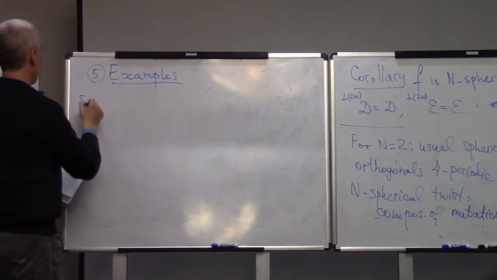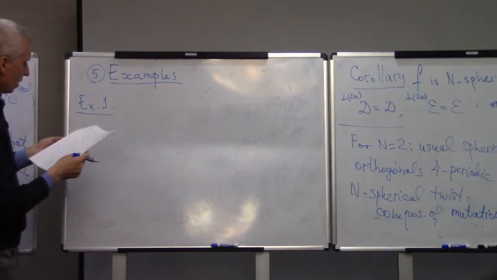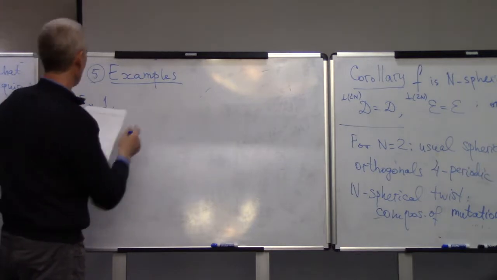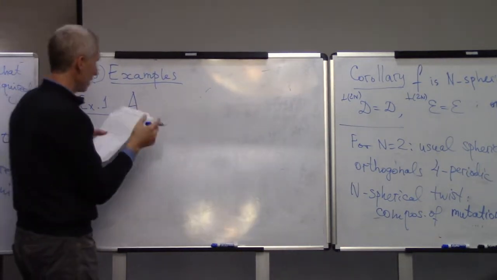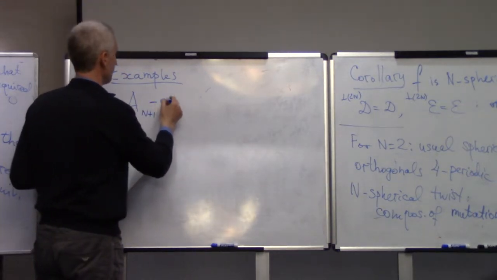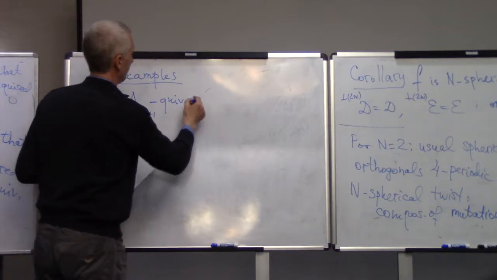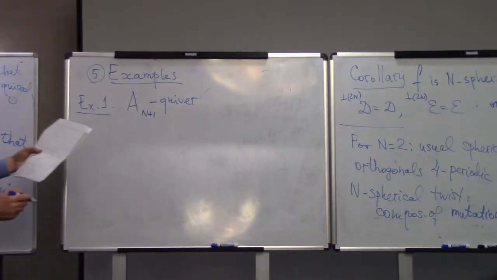So example 1 would be the category of representations of an A_{n-1} quiver. This is something that appears in combinatorial modeling of Fukaya categories all the time.